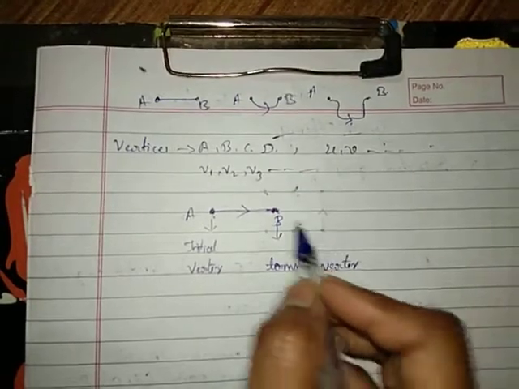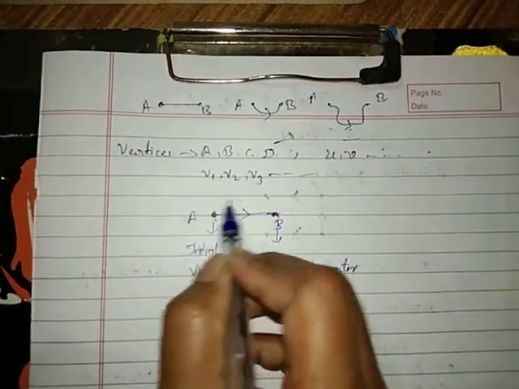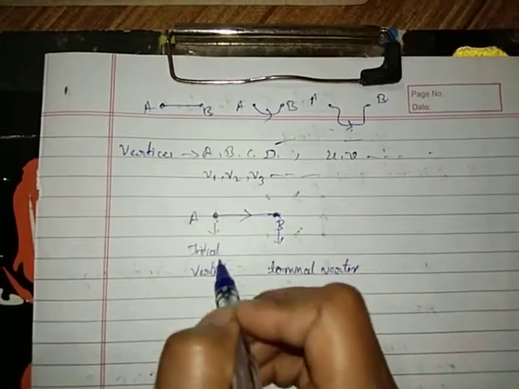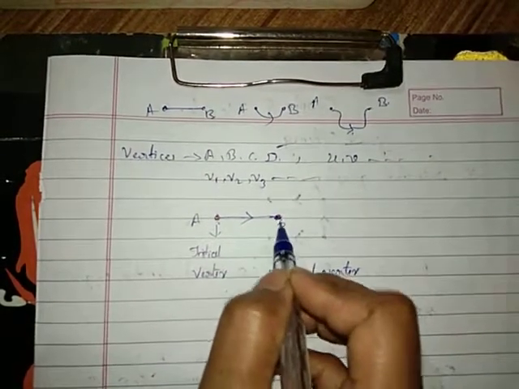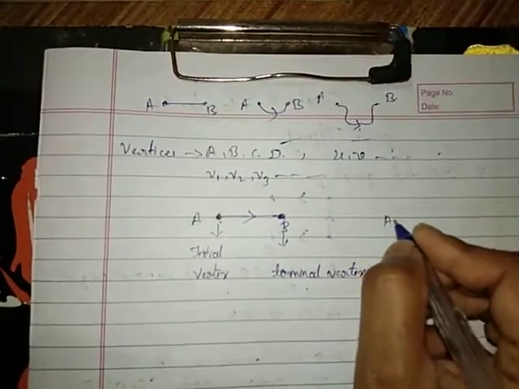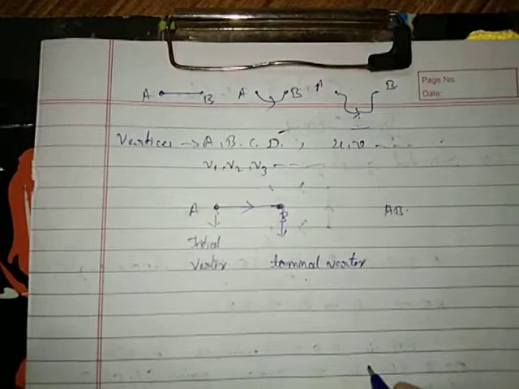Any edge starts with one vertex and ends with another vertex. The starting vertex is called the initial vertex and the ending vertex is called the terminal vertex of an edge AB.